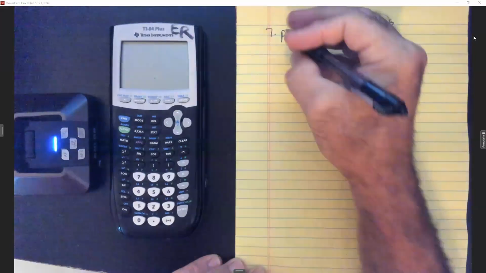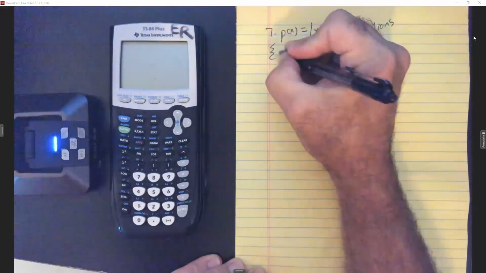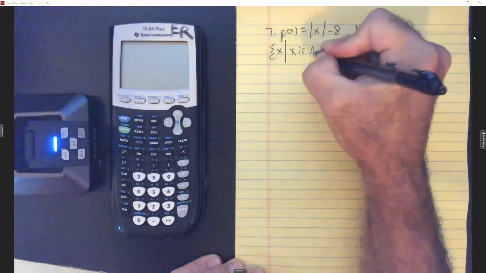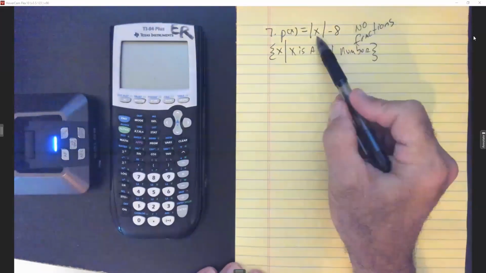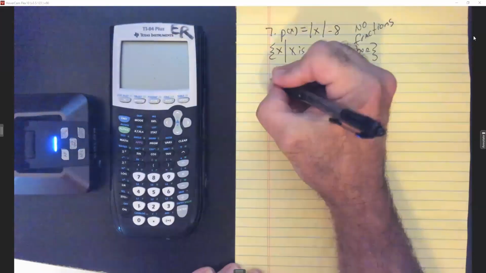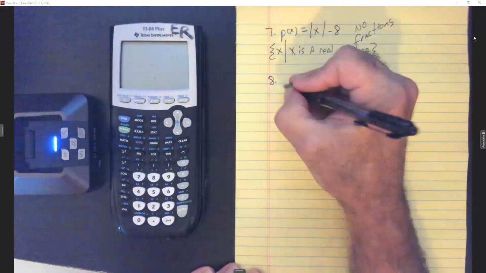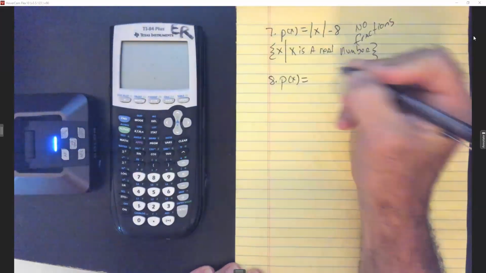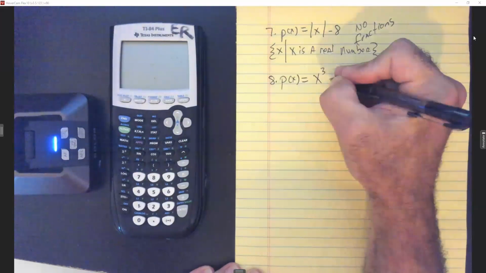So this works for all real numbers, x such that x is a real number. Because y'all, any number on that number line I can put in here and this will work, okay? All right, then finally we end up with a P of x equals x to the third minus 6.